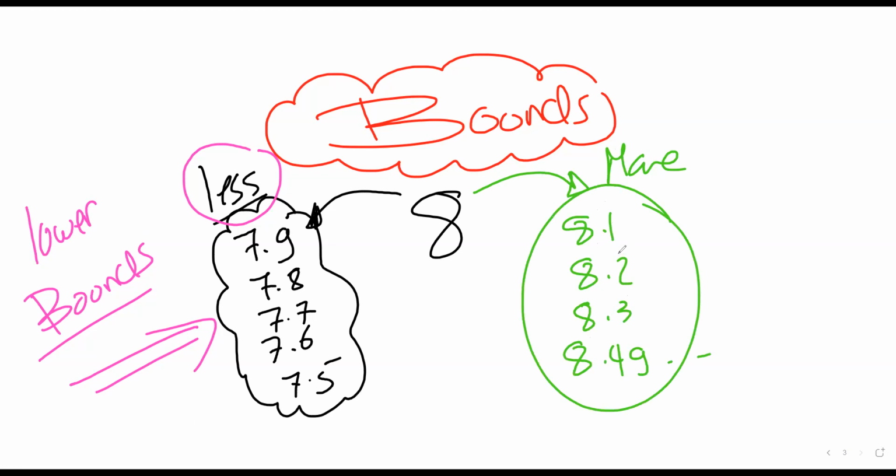All of these decimals when rounded to the nearest unit or to the first significant figure, the answer is 8. These are as well called bounds. دول كمان اسمهم bounds. بس علشان دول أكبر من 8 هنسميهم upper bounds because they are more than 8. So I will call them upper bounds.